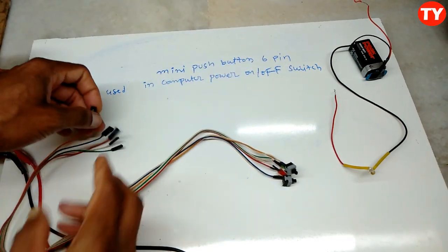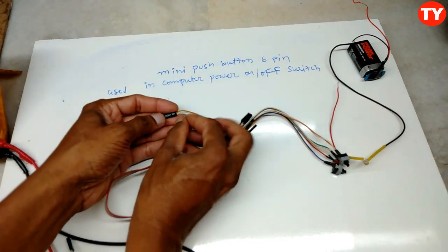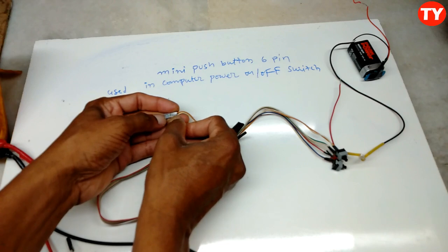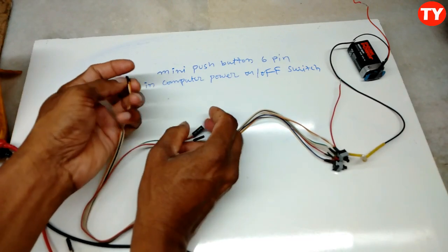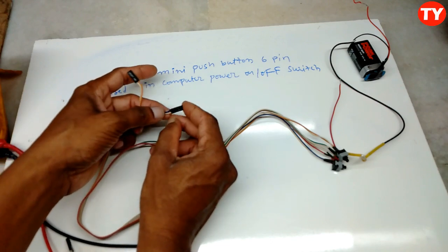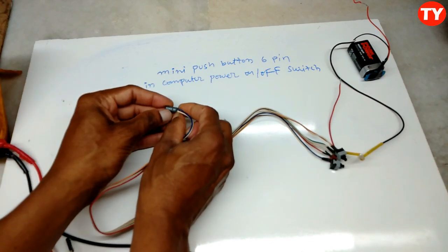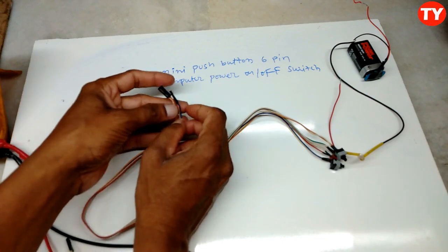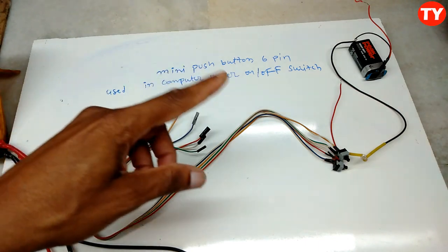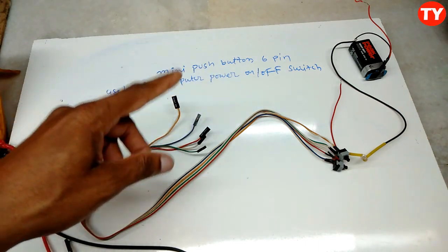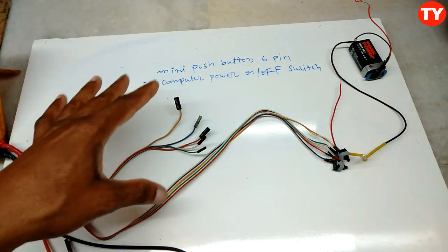Here we can see clearly, reset switch. Here it is written orange white reset switch and blue white clearly written power switch. Now how to check whether this power mini push button is working or not?